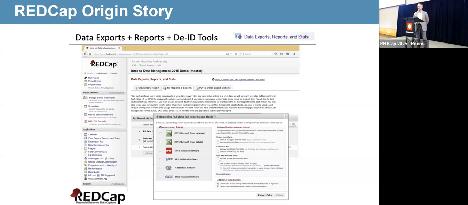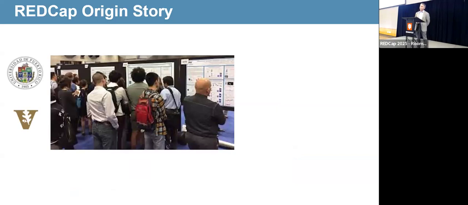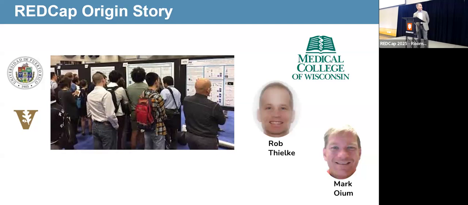So it was great. The very next year, Nathaniel and I both went to the same meeting. We're standing up there and we meet these guys, Rob Thielke. So Joe showed a picture a moment ago of 7,700 dots on a map. I promise I'm not going to go through all of those. This is the last one that I'll go through.